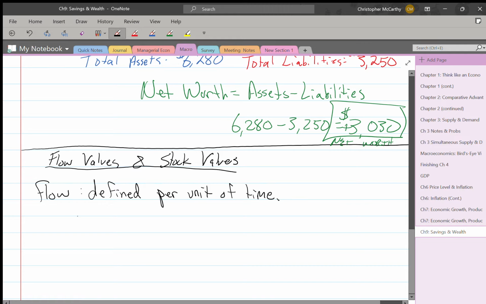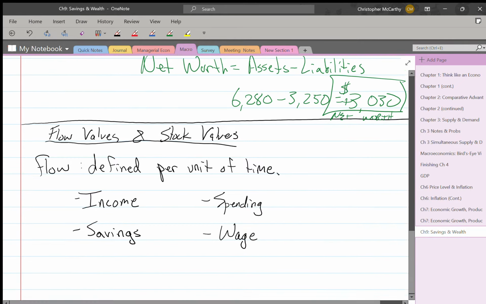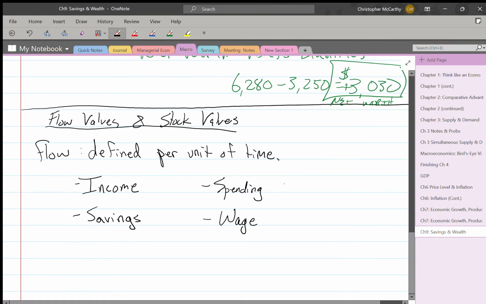So I made so much money in the last month. I saved this much money over the last couple years. I spent this much money at Walmart in those 2 weeks when my daughter was here. And my wage for a given hour, right? So this is all per unit of time. These are all flows. These are all things that are happening at some rate.